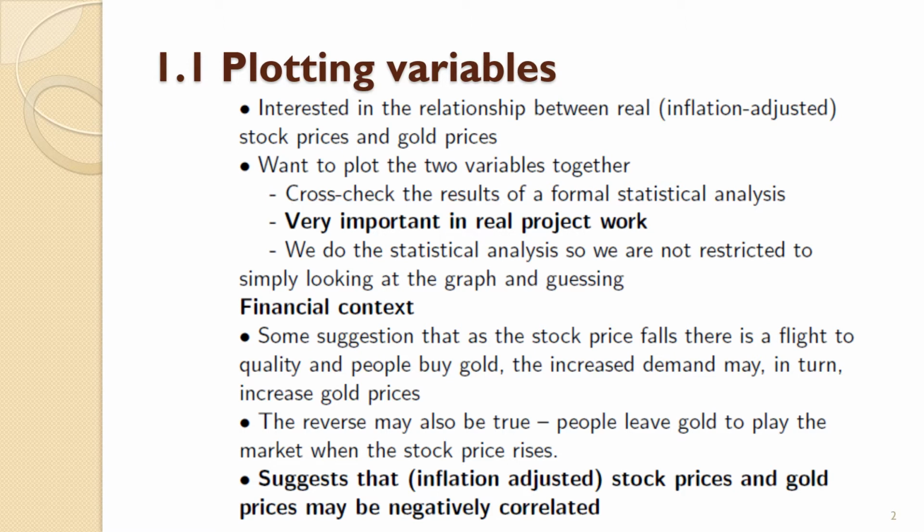The reverse may also be true: people leave gold to play the stock market when the stock price increases because they think they can make a quick speculative profit. So in both cases, inflation adjusted stock prices and inflation adjusted gold prices should be negatively correlated. Again, there's a backstory which you might want to cross-check by looking at a graph.